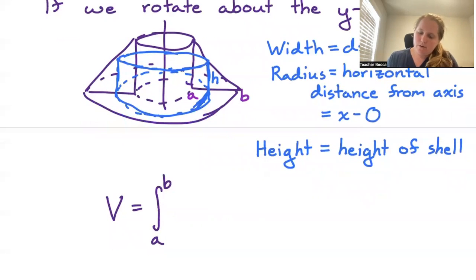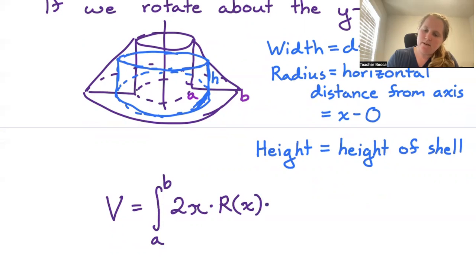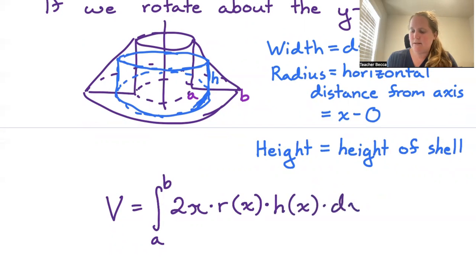Then we have 2 pi times the radius in terms of x times the height in terms of x times dx.